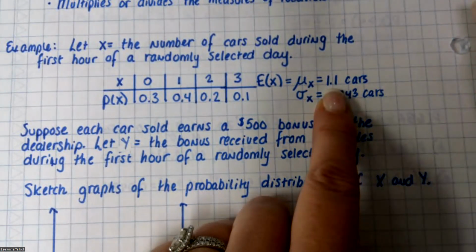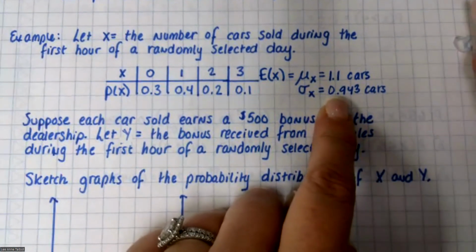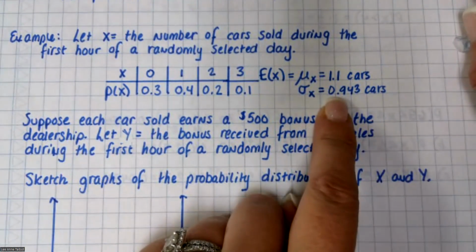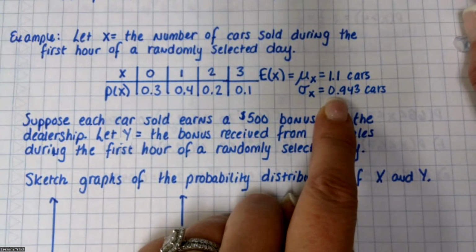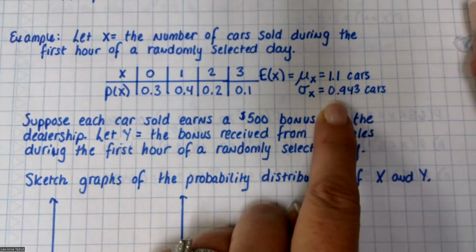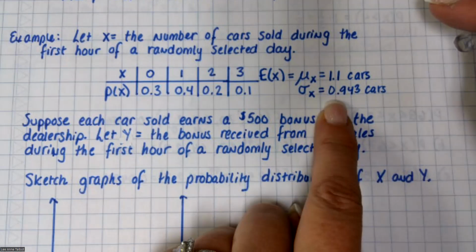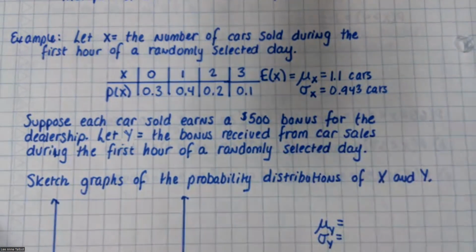Does that make sense? Okay. And then we would say over many, many randomly selected days, the number of cars that we sell in the first hour would typically vary from the mean of 1.1 by 0.943 cars. Just remember that whole typically vary from the mean thing every time you do standard deviation.